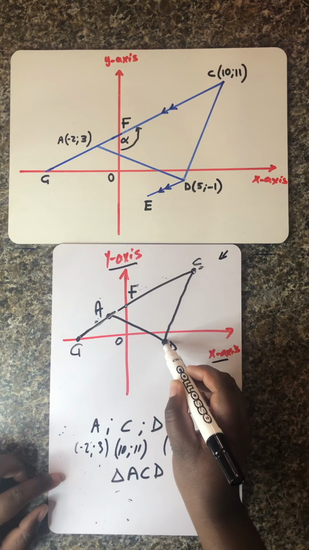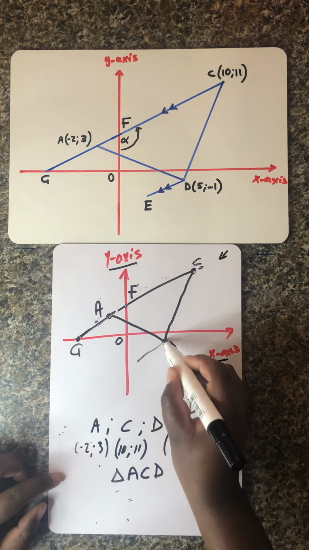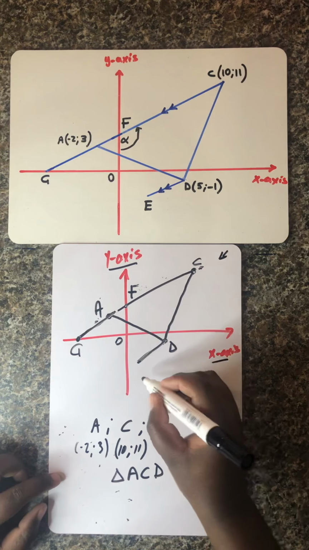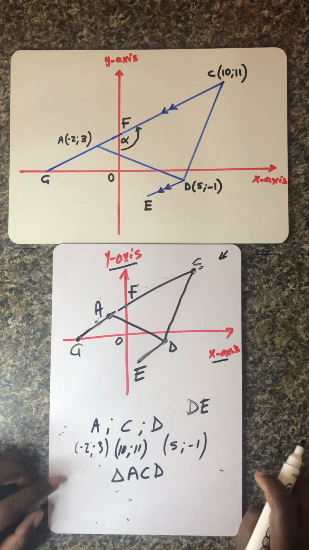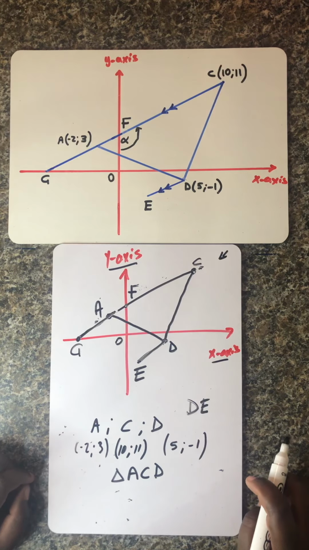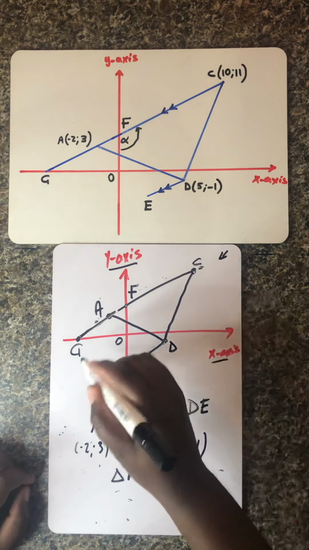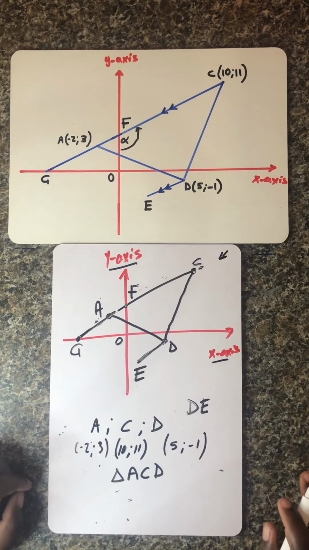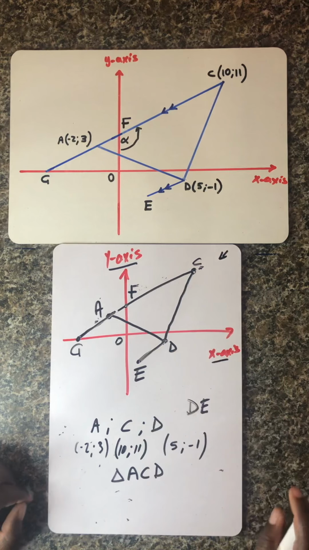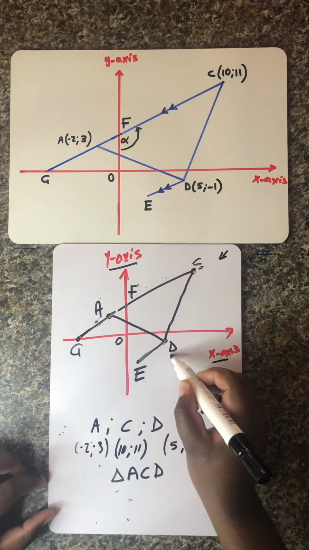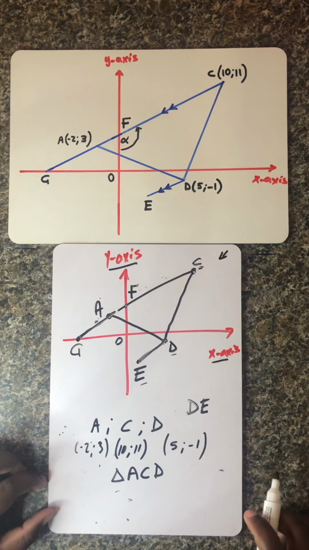So we've got that straight line. Remember guys, I'm just drawing this by hand, so the line might not be straight. As you can see, I'm trying by all means to make them straight. So even though it doesn't look straight, just know it's a straight line. So we've got straight line DE.